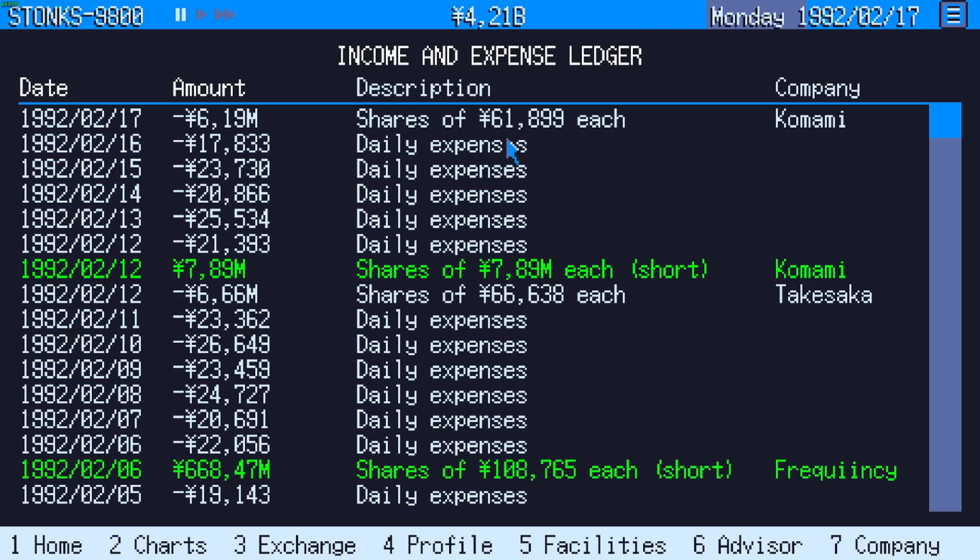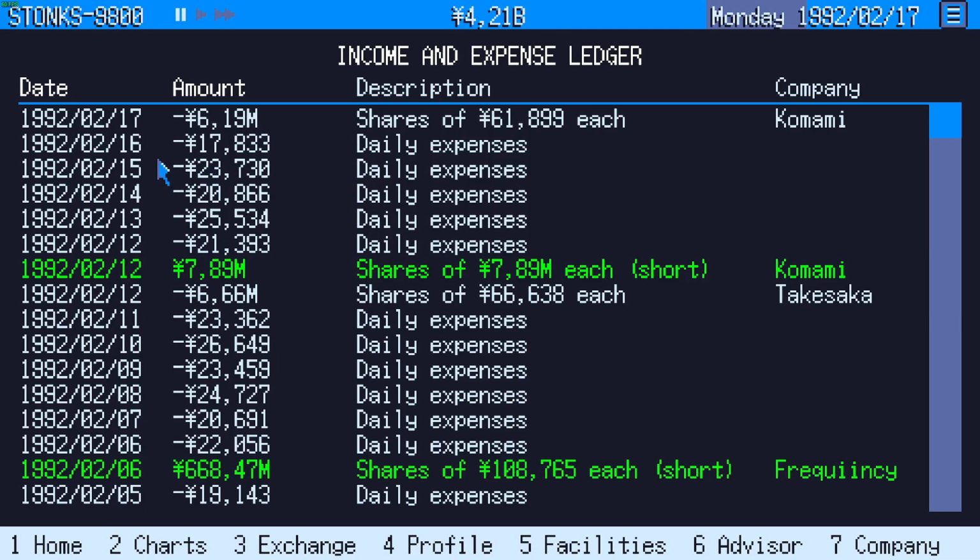Since we are not on loan for the money itself, but for the shares, the value of the shares goes down. We give the shares back, and the shares are actually worth less than what we got them on loan for. So we've just made a profit of a bit less than $1 million.